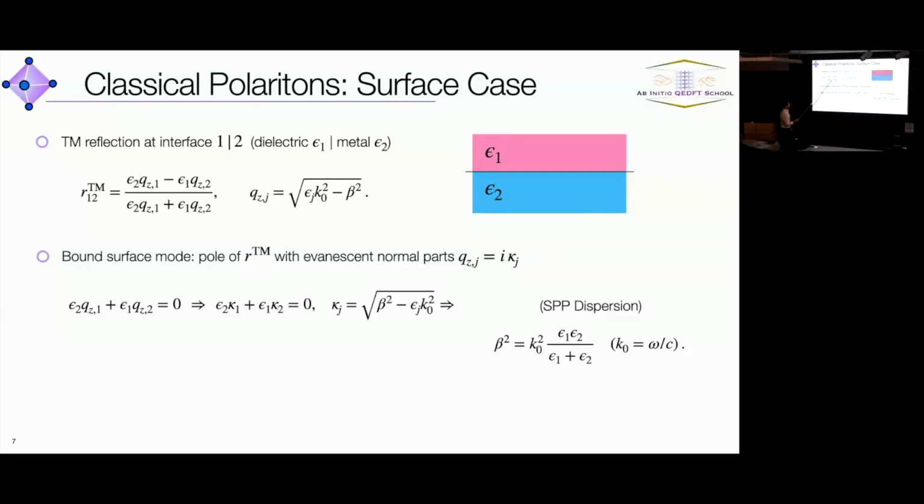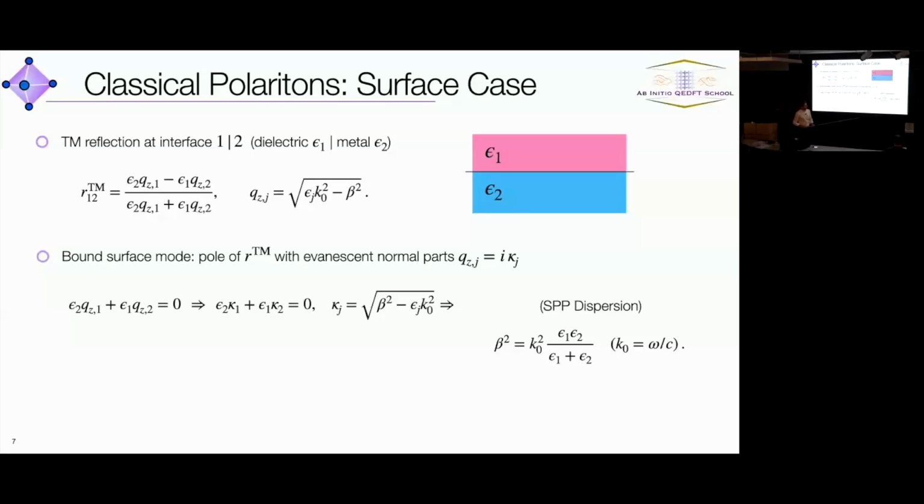The poles are given by this one set to 0. Now you can do some rewriting where you define this kappa, which will be useful in a second, as minus i times Q. So you can rewrite this equation like this, and then the solution of this equation is the following.